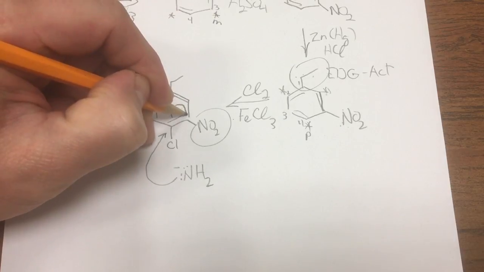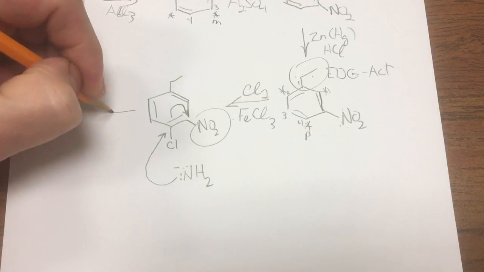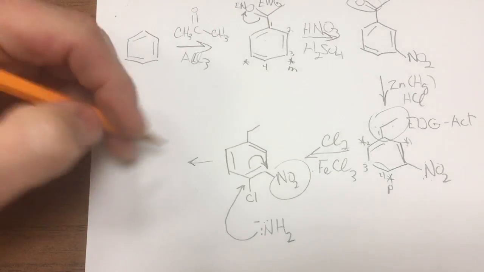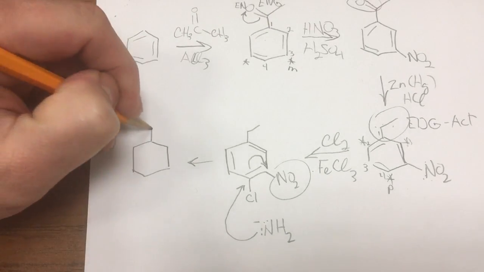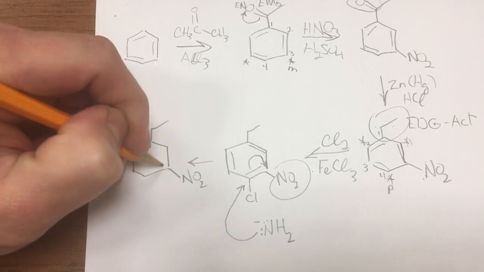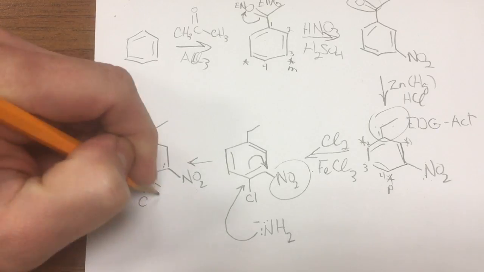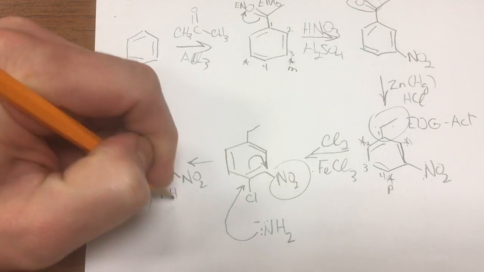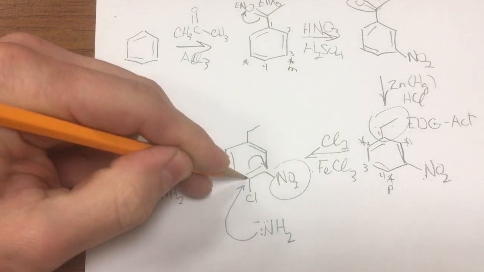That's because that nitro group is in the ortho position, which is better able to stabilize the negative charge that forms there. Let me do this partial mechanism here. Okay, there is the NH2 that just added to that carbon.